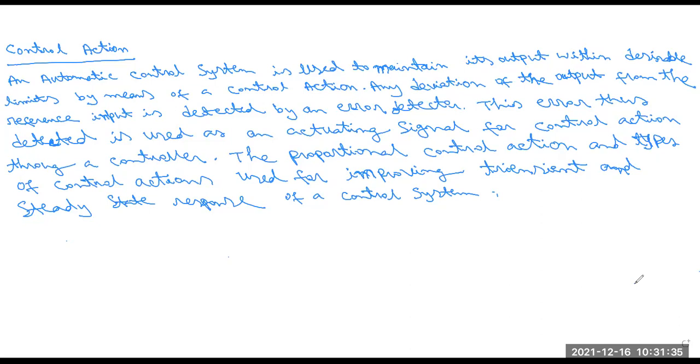These proportional control actions, that means the proportional controller or other types of control action, such as the proportional controller, derivative controller, proportional integral controller, and PID controller, that is the proportional integral derivative controller. There are different types of controllers, and the various types of control action are used for improving the transient and steady state response of a control system.